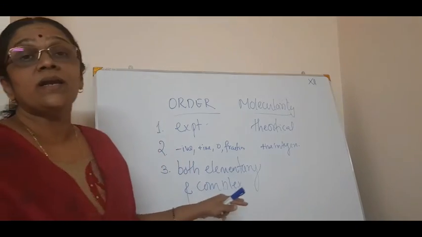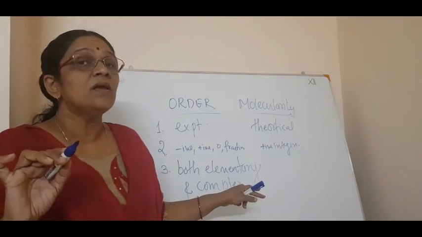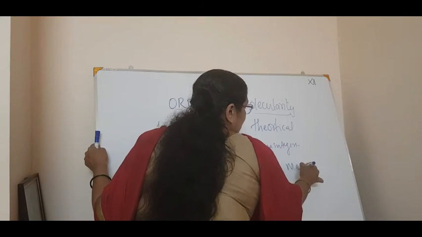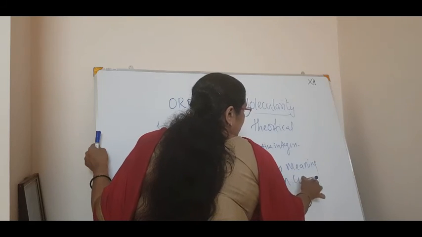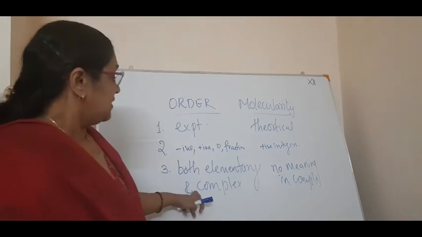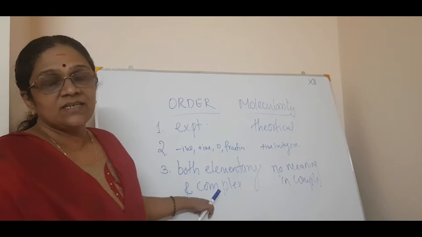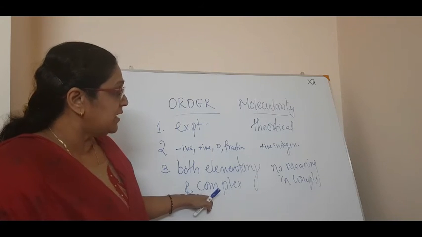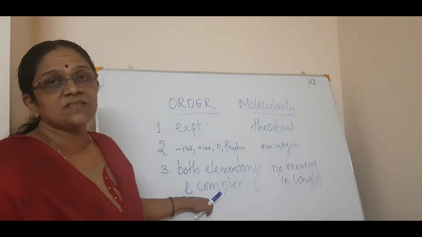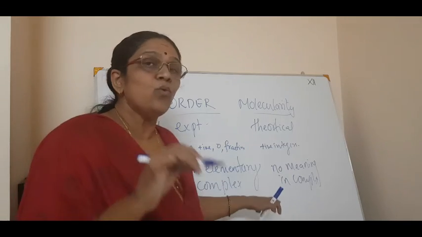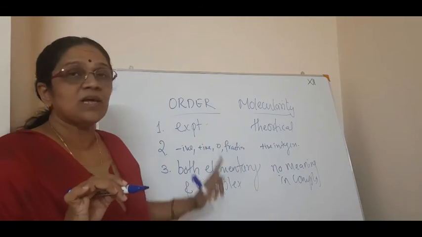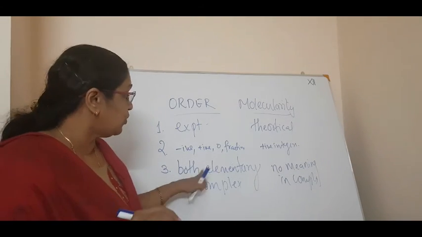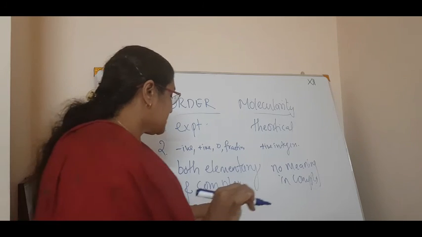Whereas molecularity has no meaning in complex reactions. That is a very important point. This was asked in last year's question paper, 2019-20. What is the meaning of molecularity in complex reactions? The answer is, there is no meaning of molecularity in complex reactions. But order is applicable to both elementary as well as complex reactions.